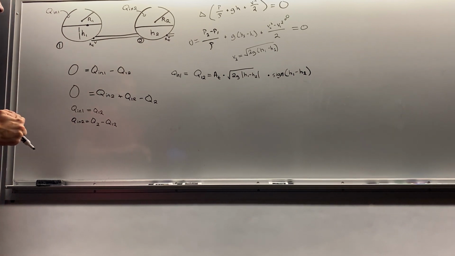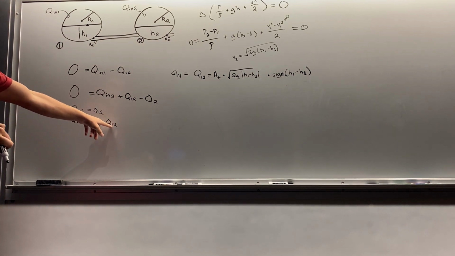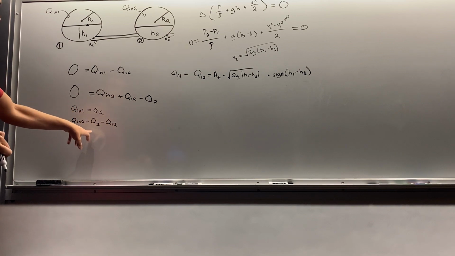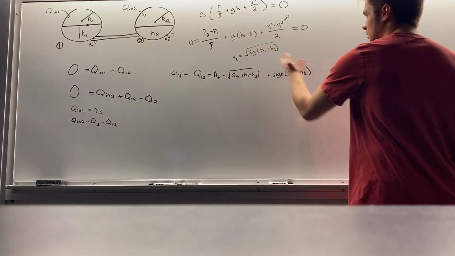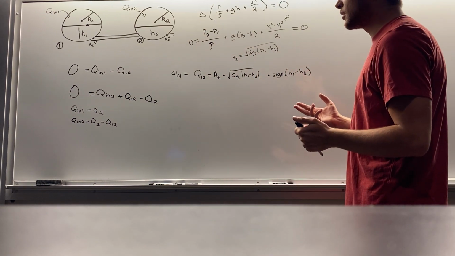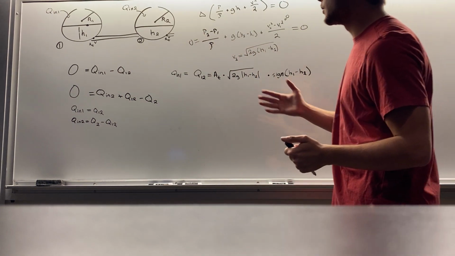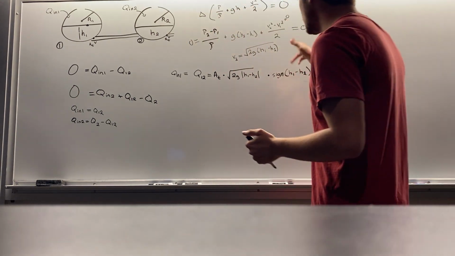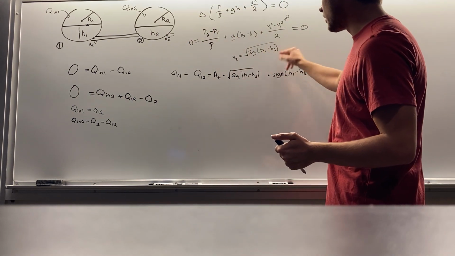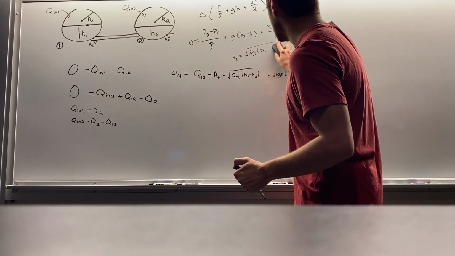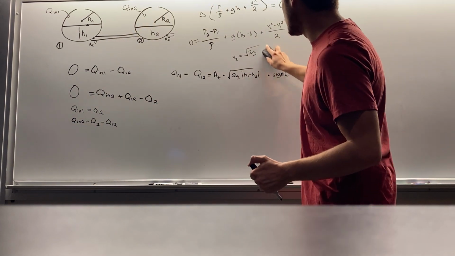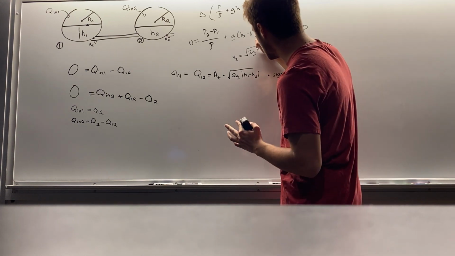Now what about coming into tank 2? If we want to solve, we know Q12, so we need to solve for Q2. And we already know velocity, so our change in height is only going to be affected by tank 2. So instead of H1 minus H2, we're just going to be looking at the height of the second tank, just H2.